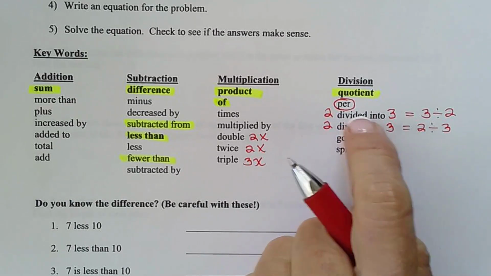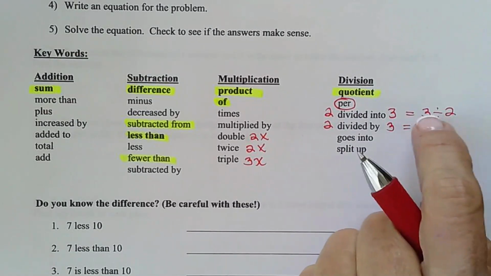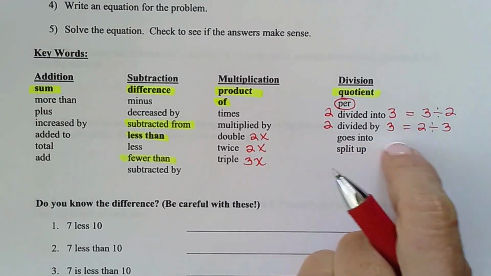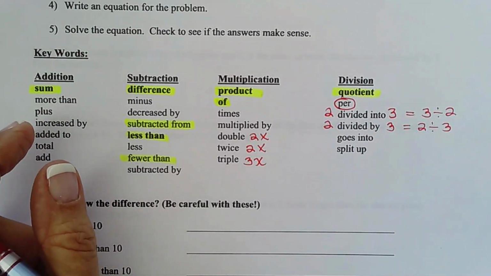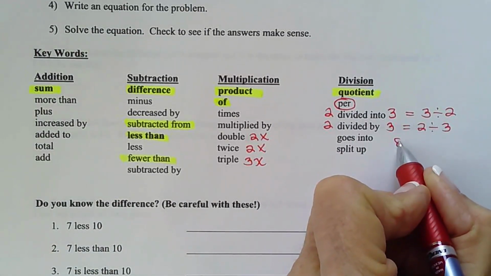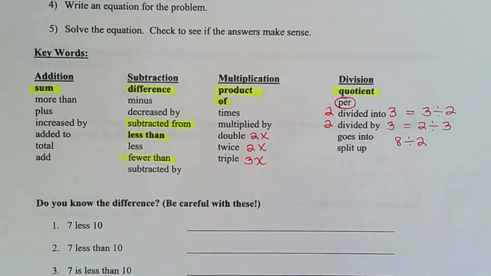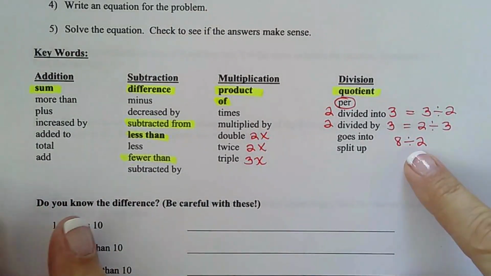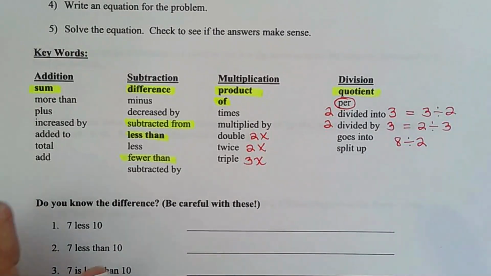So 2 divided into 3 means the 2 goes second: 3 divided by 2. But 2 divided by 3, you just do a direct translation. Or you could say, how many copies of 2 go into 8. Or you're going to split 8 into groups of 2. How many groups will there be? So split up is another one.